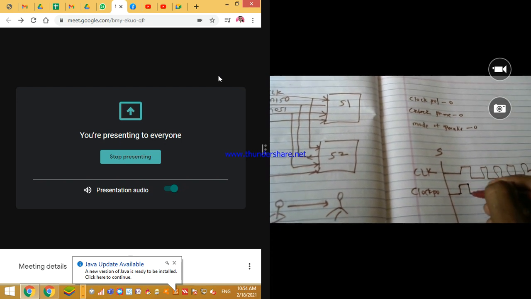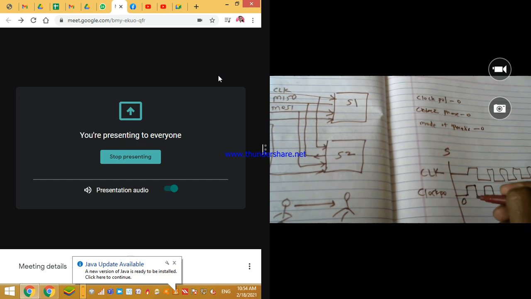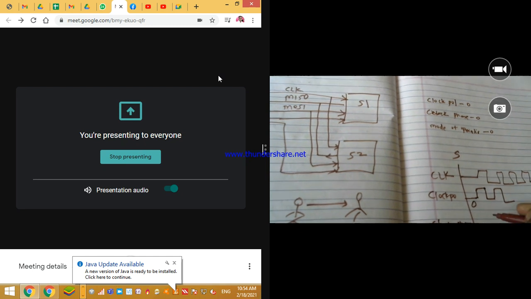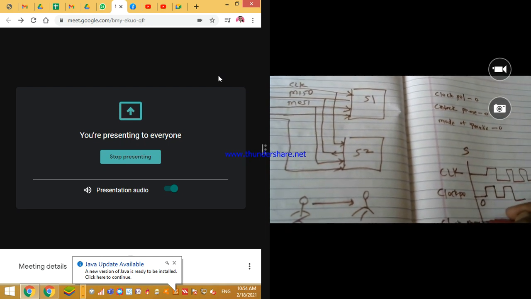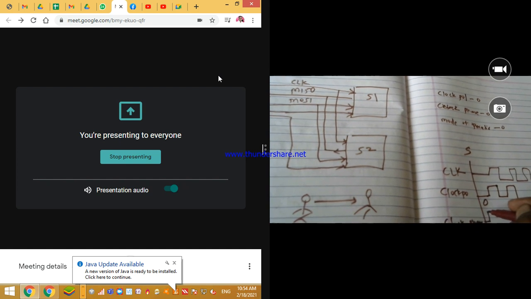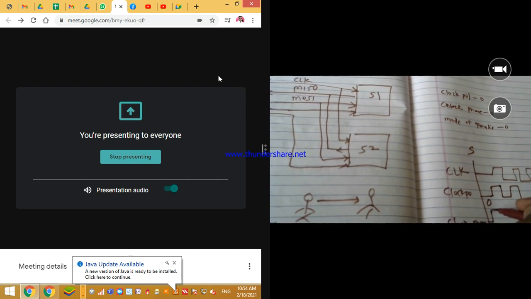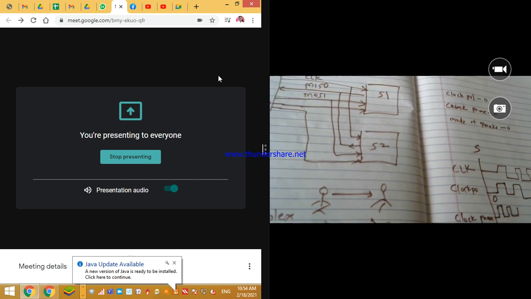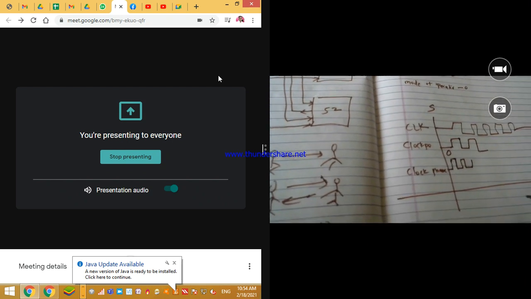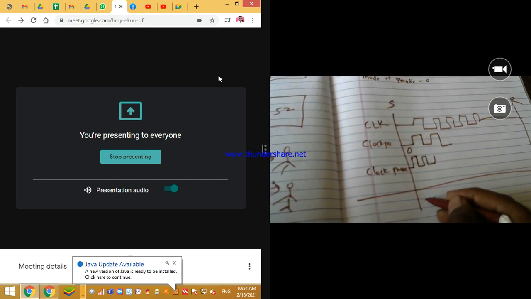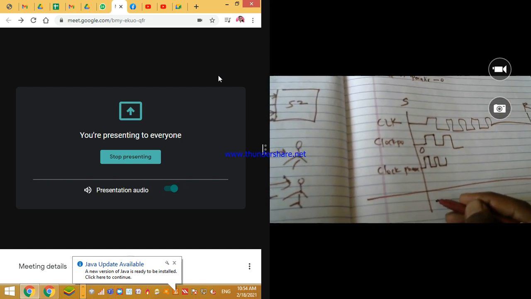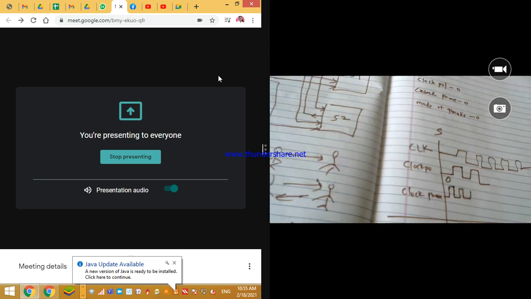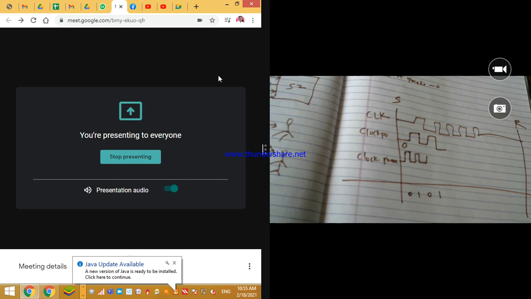Initially it is 0, and clock phase is also 0, and through this we send the data: 0 1 0 1, like this. This is the working of SPI.